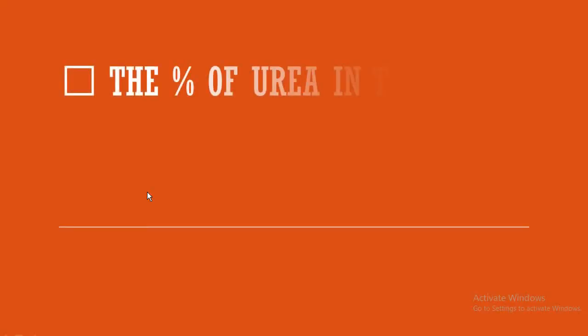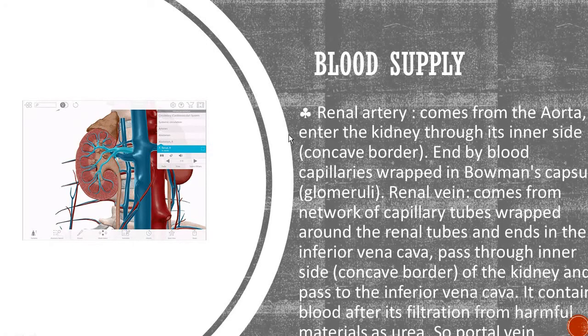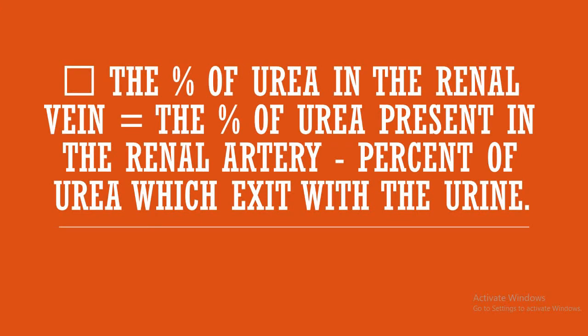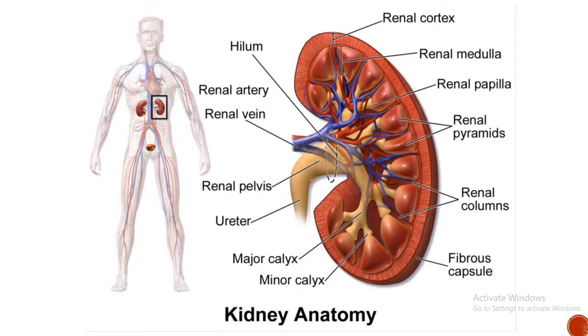Okay, let's start with the renal artery, which is the blood supply. The blood supply from the renal artery comes from the aorta and enters the two kidneys, and the renal vein comes out from the two kidneys to the vena cava. Of course, the kidney adjusts the amount of water found inside your body.